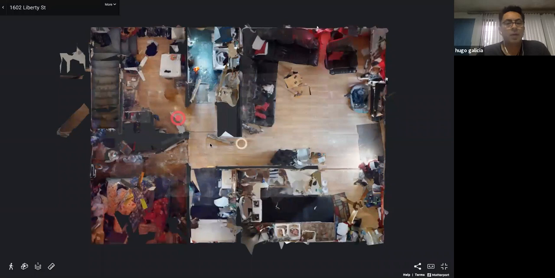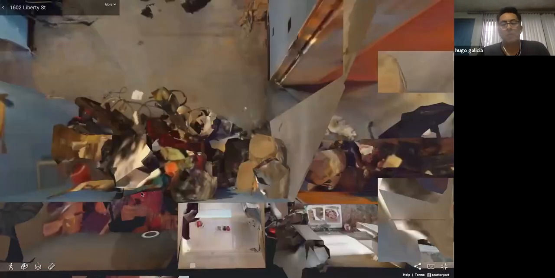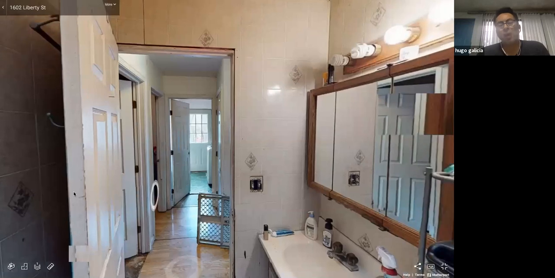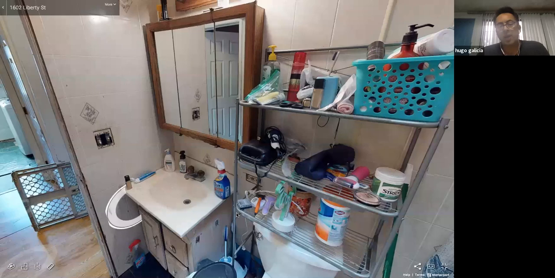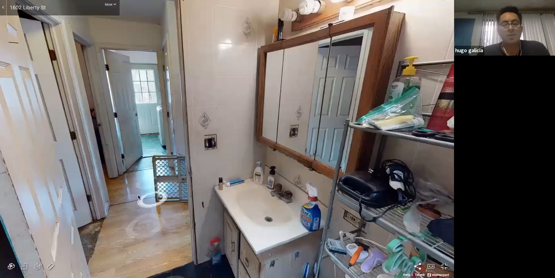Yeah, that's the first floor, the stairs right here, the kitchen, the bathroom. So it's hard to see that way. It's better to just walk the floors. So far, this property needs new bathrooms, new kitchen, new appliances, paint.